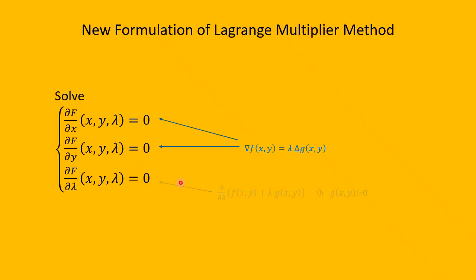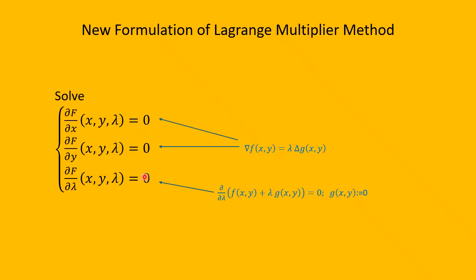This last equation is, if we take the derivative with respect to lambda of what capital F was, which is this stuff, this term does not depend on lambda at all, so its derivative is 0. This second term only depends on lambda by this multiple lambda outside, so the derivative of this term with respect to lambda is just g of x y.